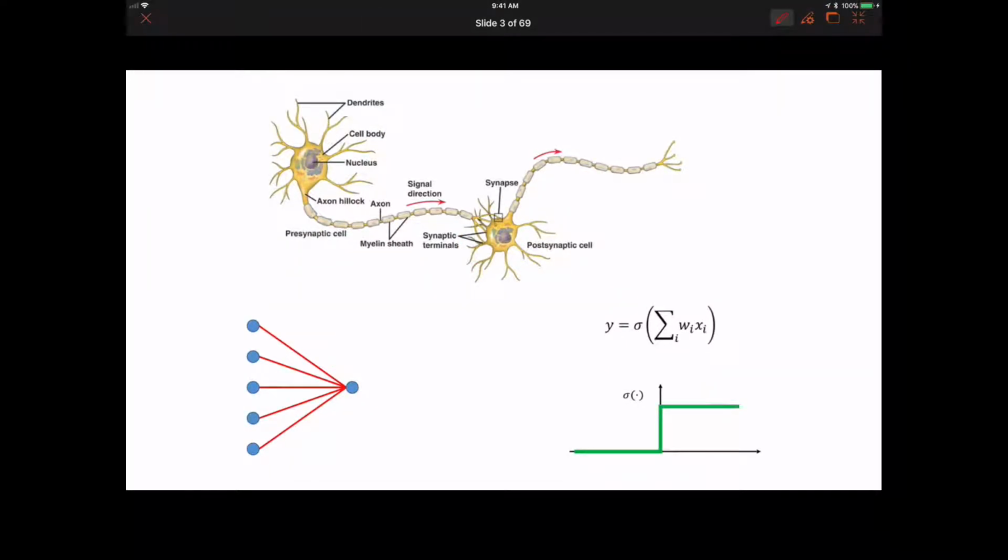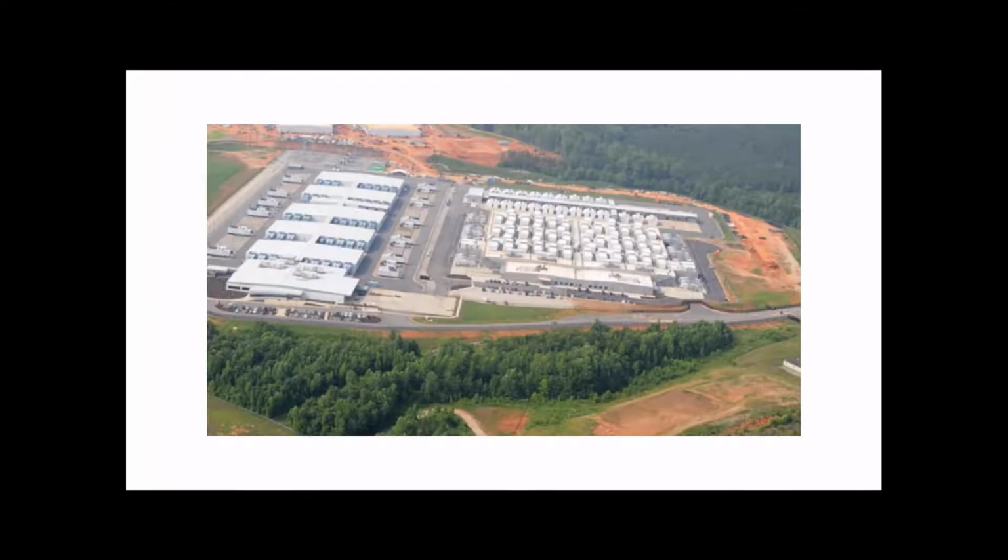And you see this here. Once the weight exceeds the threshold, you get a signal transmitted. So this is kind of the basic idea of copying elements of brain function into the thinking of artificial intelligence.